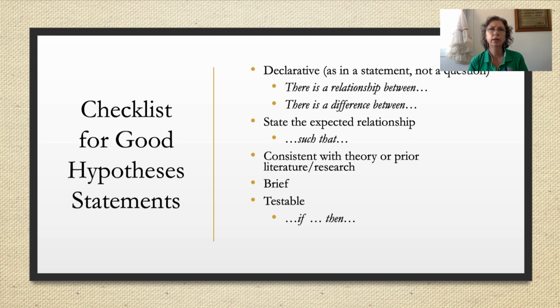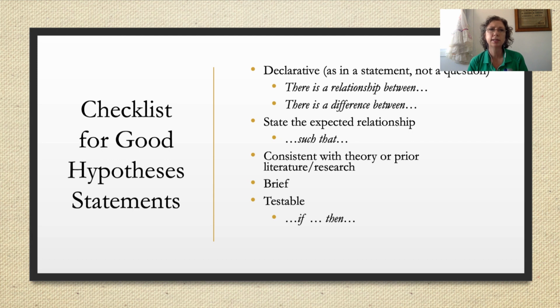You also want your hypothesis to be consistent with prior theory and research. That's why the researcher has to look at the literature first and see what has been done before, what theories might inform that research question and the hypotheses.